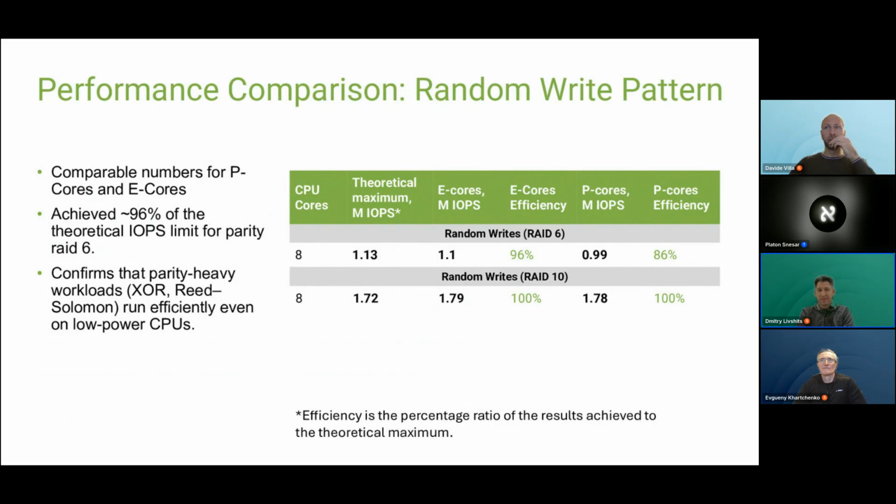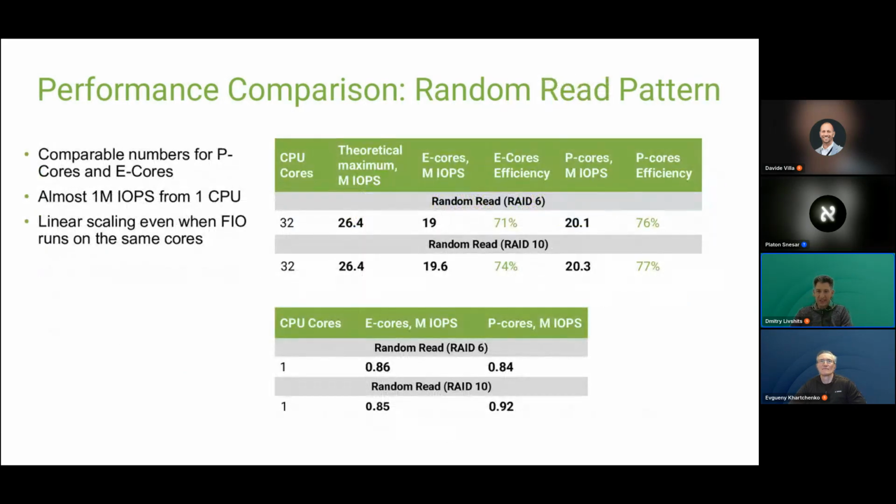Related to the random write pattern, even if we look at an 8 CPU core workload, which actually means that you have an application which generates 8 threads of the workload, in both RAID 6 and RAID 10 you can get maximum theoretical performance with xiRAID, and as I showed before, you get great latency. So let's see what you will get in the random read workloads.